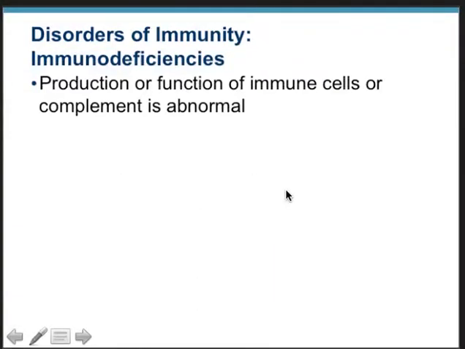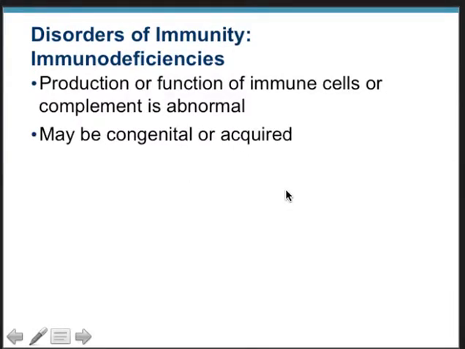Okay, immunodeficiencies are a different type of disorder. This is where production or function of the immune cells or complement is abnormal. It can either be congenitally produced or it can be acquired.